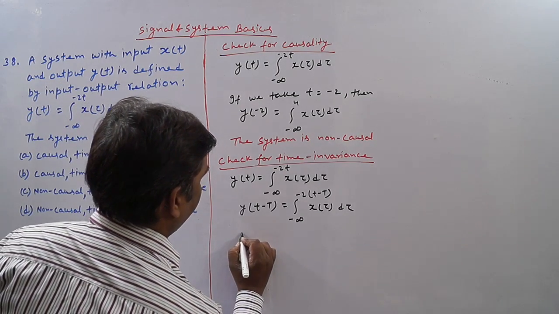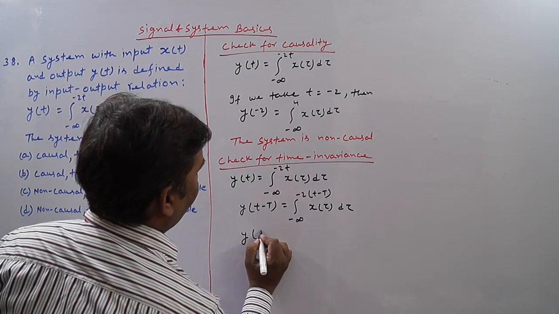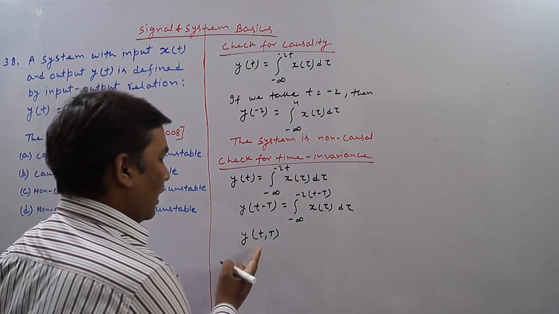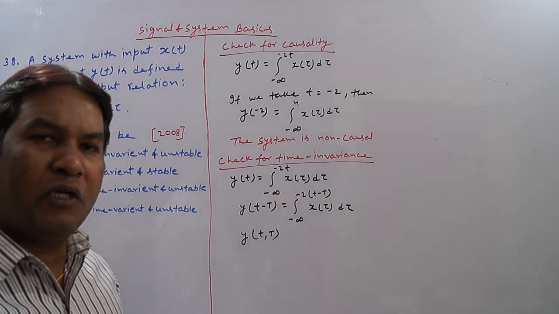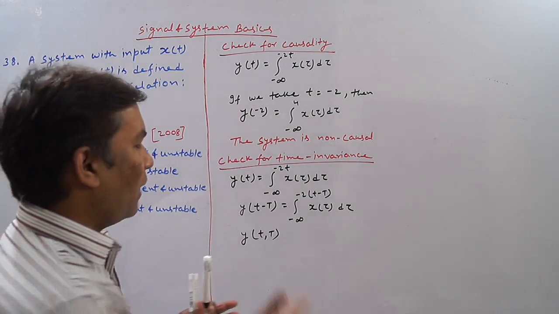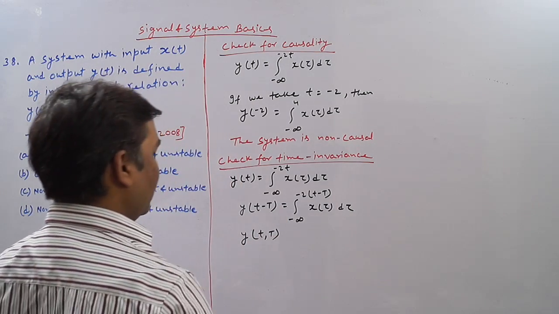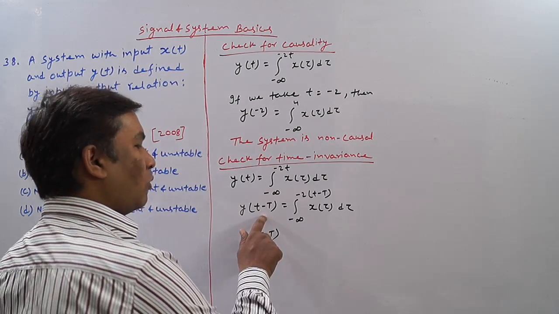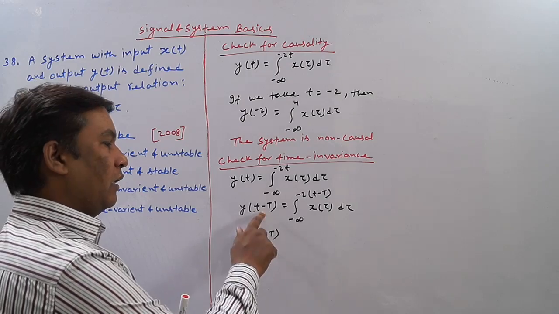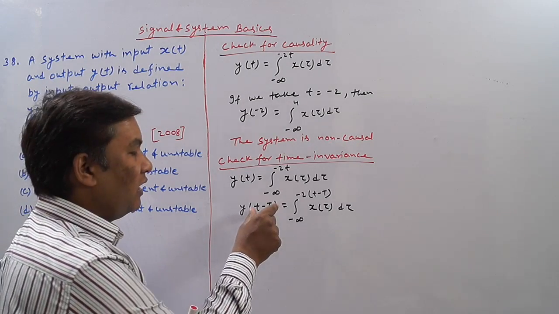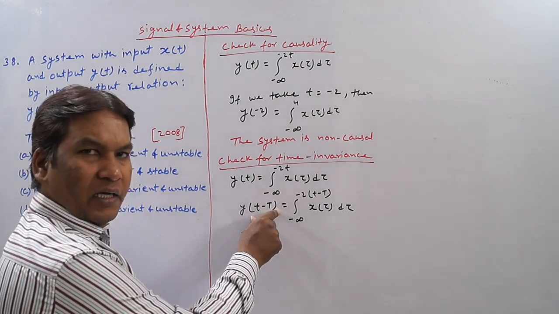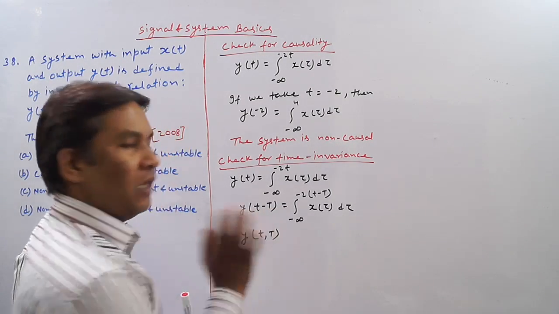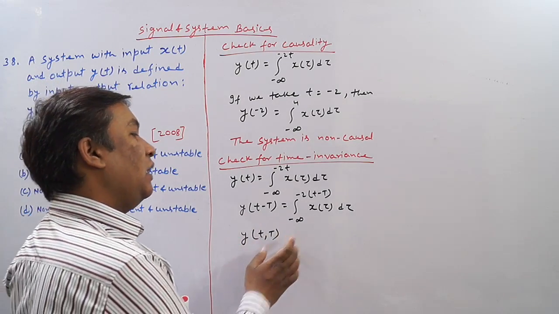This is the output of the system when the input is delayed by capital T seconds, and the other is the actual delayed output. Let me denote the output when the input is delayed by y(t, T).